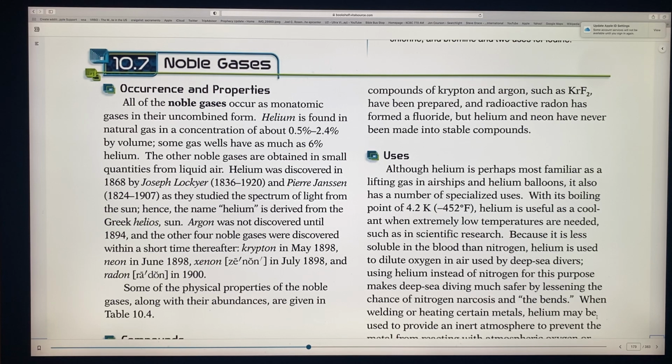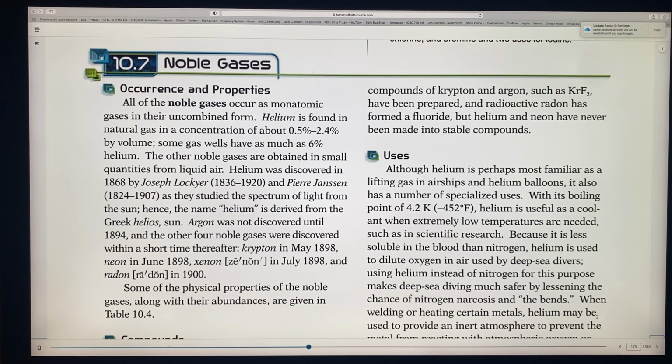Neon was discovered in June of 1898, and xenon in July of 1898. And radon was discovered in 1900. So all in a row, these noble gases were discovered in the late 1800s and early 1900.